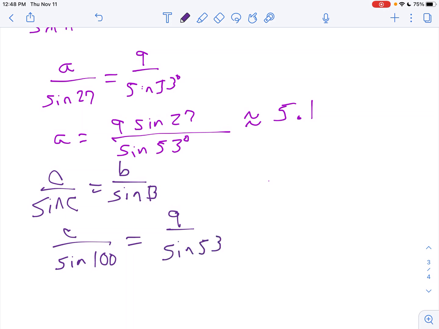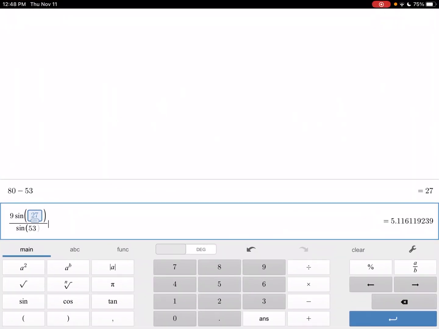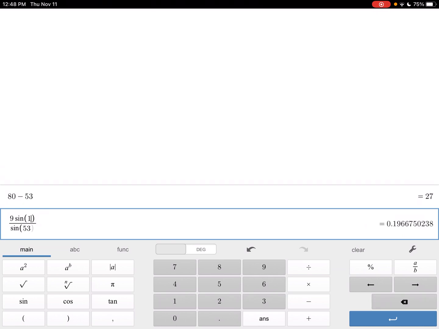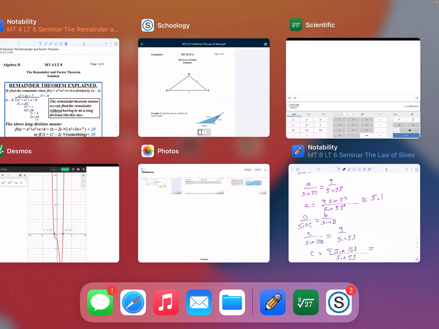So really, C is 9 times the sine of 100 divided by the sine of 53. On my problem, I'm just going to change my 27 to 100. So take 9 times the sine of 100 divided by the sine of 53, and I get about 11.1.